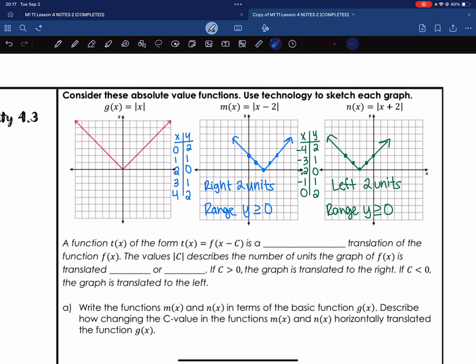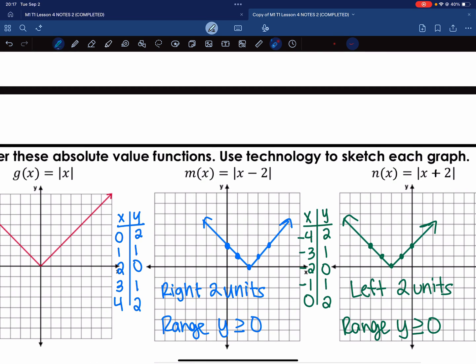So now I want to pay attention to where is the number and why did it cause it to do what it did. So the number now is on the inside. So we need to know inside affects the graph horizontally. Outside affects the graph vertically. Now, the general equation for problems like these is x minus c.